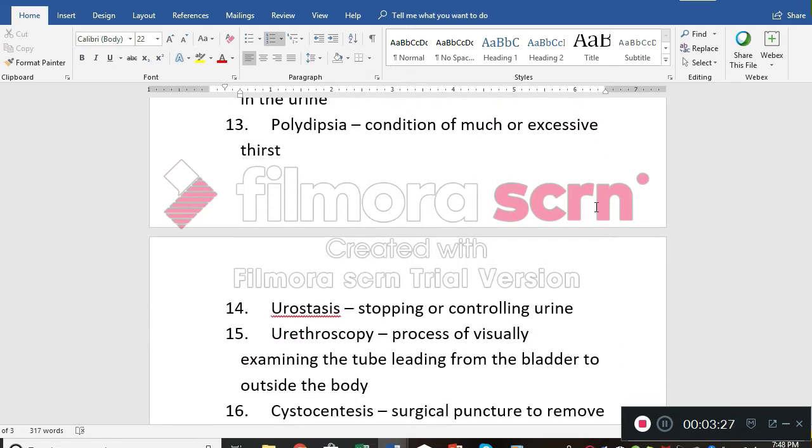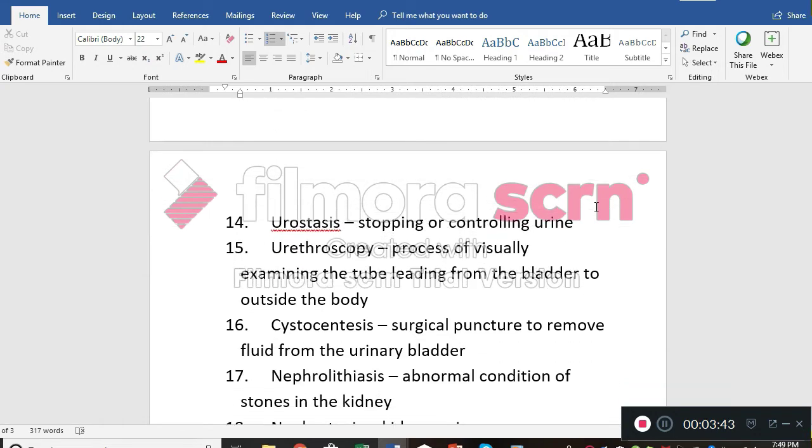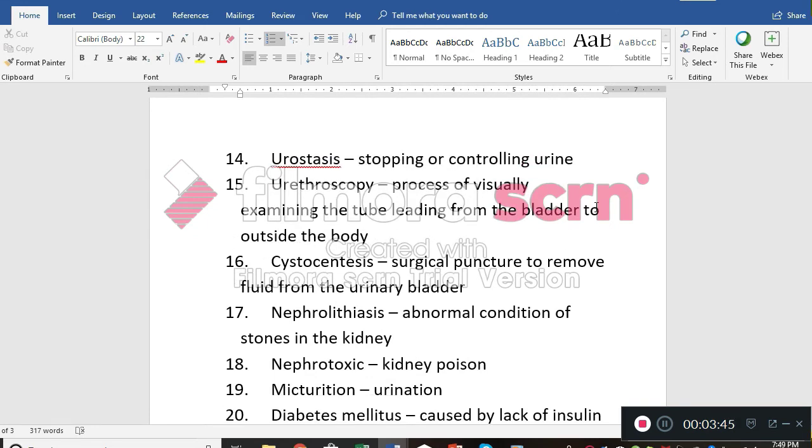Polydipsia is a condition of much or excessive thirst. This is one of the signs that somebody has diabetes, is that they drink an excessive amount of water. So we would say that patient is suffering from polydipsia. Number 14 is urostasis.